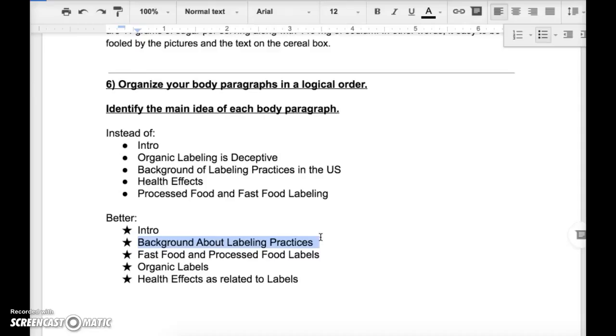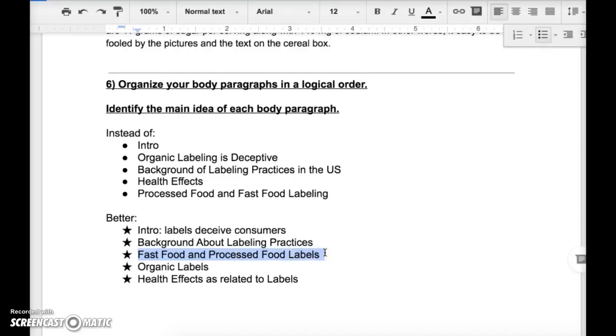So it helps the reader to read the background before going further with the topic. Then it would make more sense to then talk about fast food and processed food labels, especially if your thesis is that labels deceive consumers, because it makes sense.